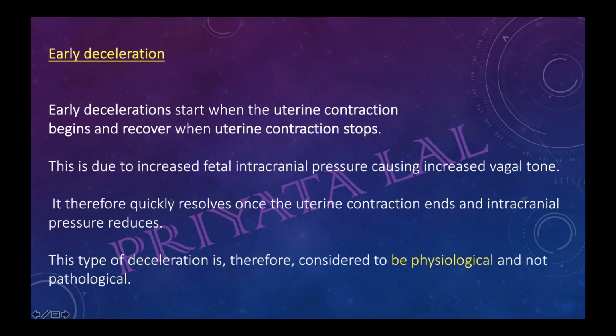So it is the baby's mechanism. The baby will show this kind of behavior, and when the contraction starts, deceleration starts, and when the contraction resolves, that means head pressure goes off, so the deceleration gets corrected by itself.